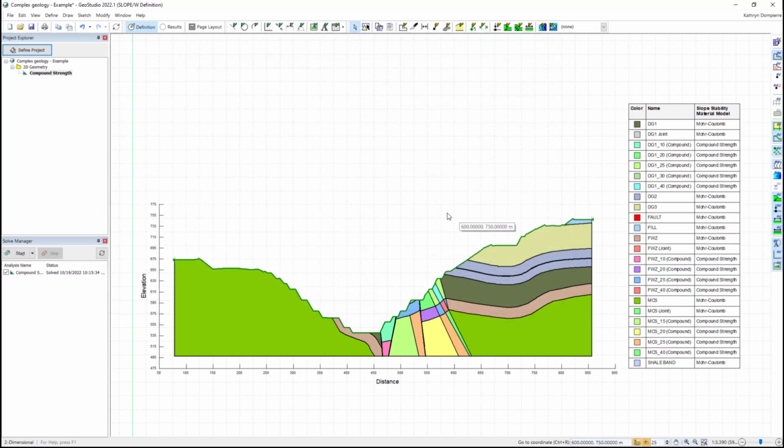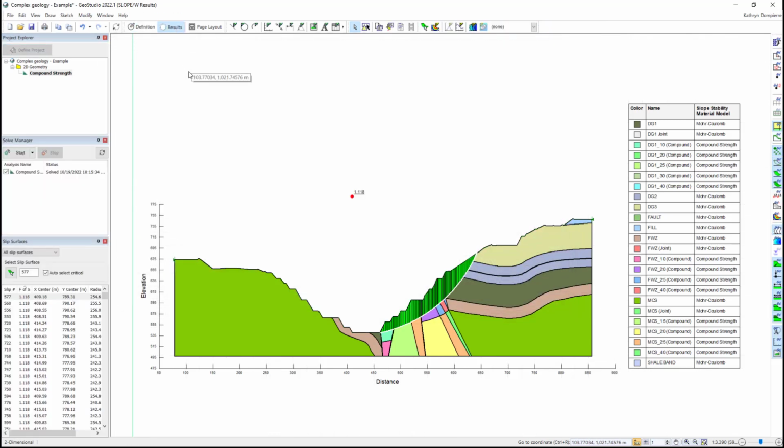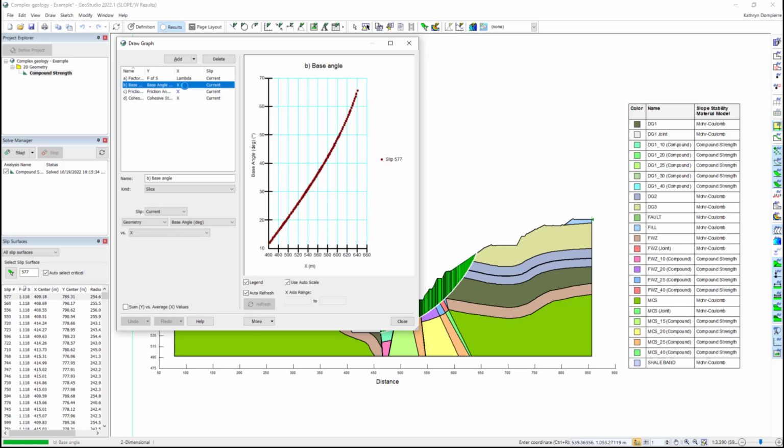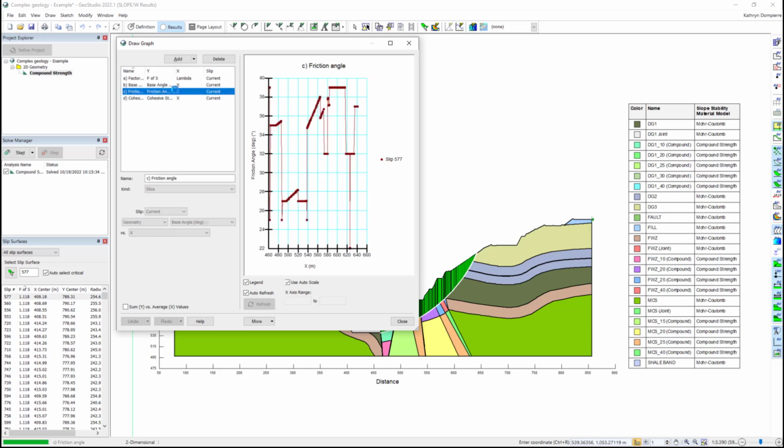For this analysis, the cuckoo search method yielded a factor of safety of 1.12. The base angle varies along the slip surface, which intersects many compound strength materials. Along the way, the mobilized friction angle is calculated just as we have seen in the previous example, with contributions from the intact and joint materials.